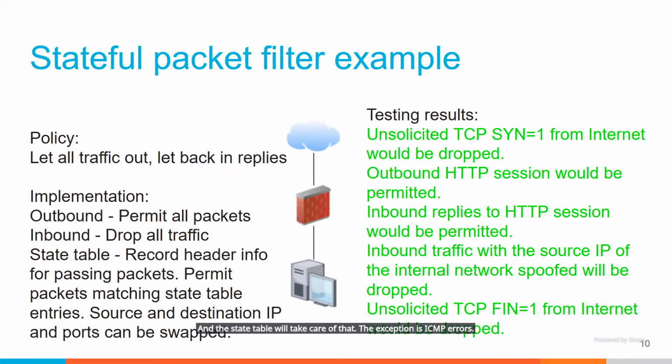So let's say I'm going to port 80 on 1.2.3.4, and I get partway there, and back comes a time exceeded in transit. Well, the state table is made up of the source and destination IPs and ports that are talking to each other. That ICMP unreachable isn't going to match any of those state entries. So with a stateful firewall, even though I can let replies back in, I'm still going to have problems with things like ICMP errors.